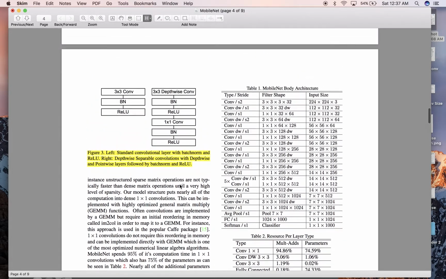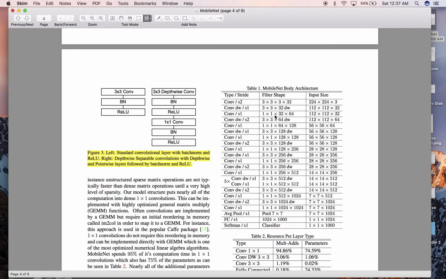So this is his entire MobileNet architecture. And so initially his input size is 224 by 224 times 3, and he applies this filter and he gets this output. So as you can see, the stride is 2, so the output will shrink into half. Then he does one depthwise convolution, so it stays the same.